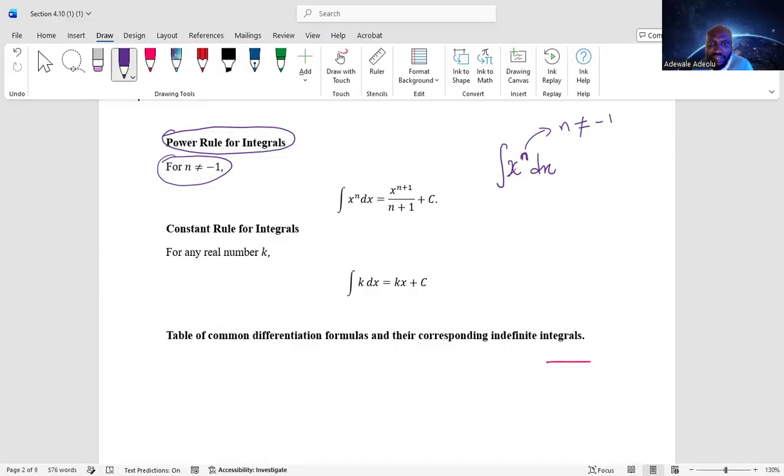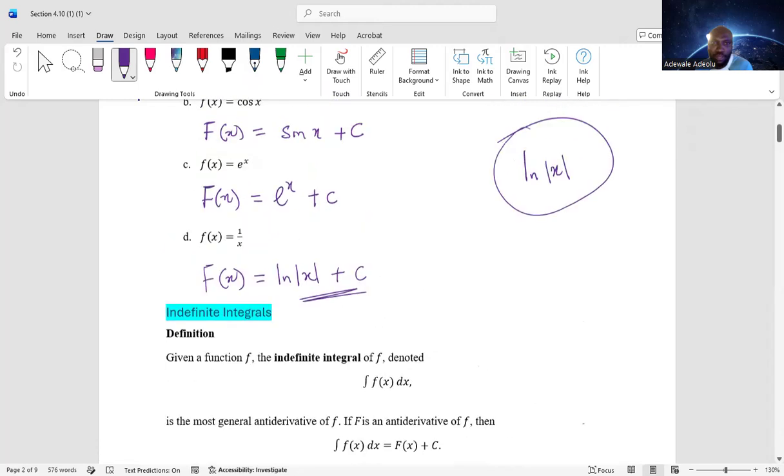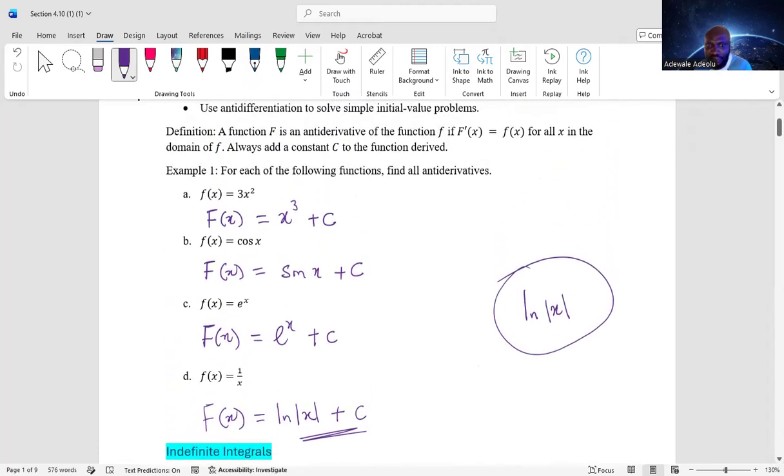In that case, we add 1 to the power, and whatever the result is, we divide the whole function by n plus 1. Let us quickly go back to this function here. This is an example. I asked you the other time to give me a function such that when I take its derivative, it is going to give me 3x squared.